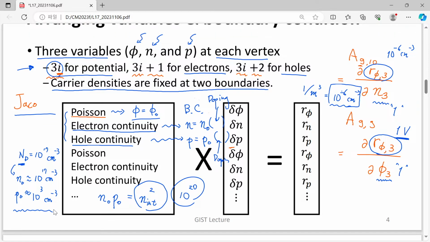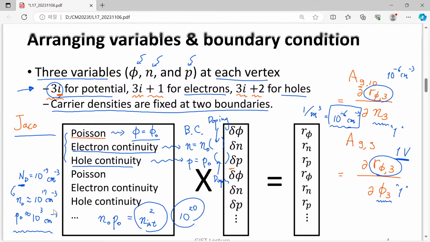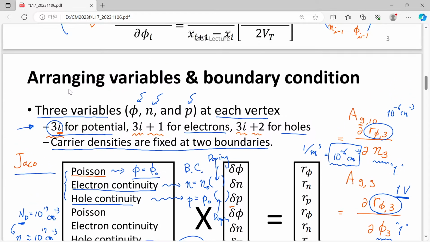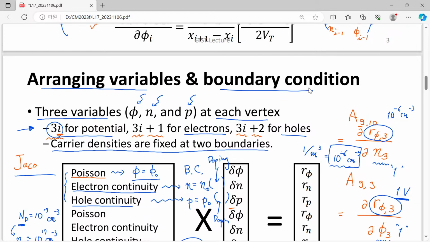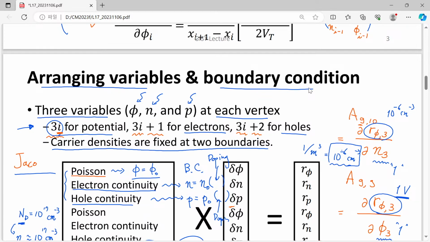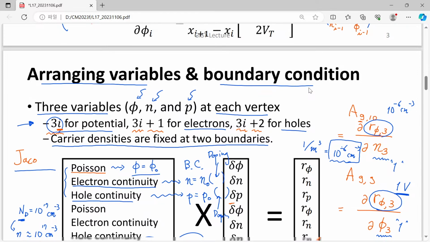Okay, are you with me? So do you have any question on this arrangement of variables and boundary conditions? If you have any question, then please interrupt me anytime.